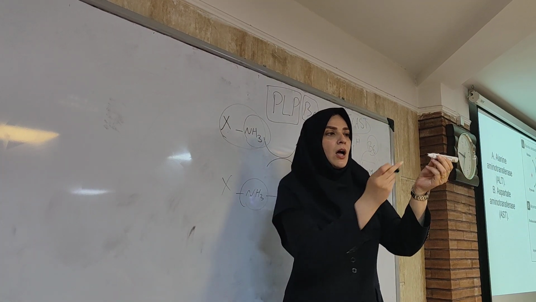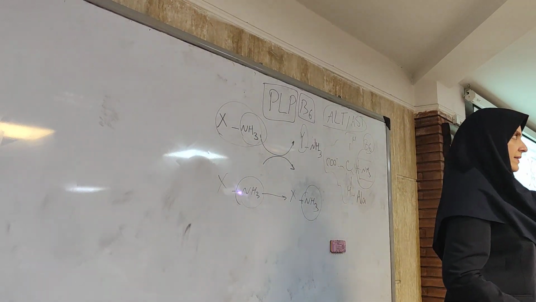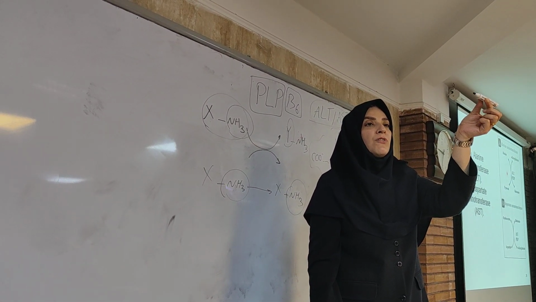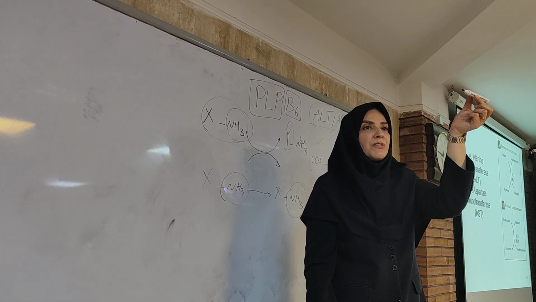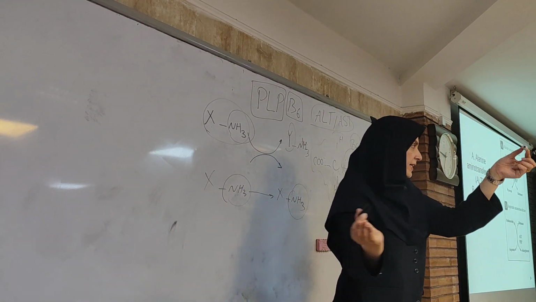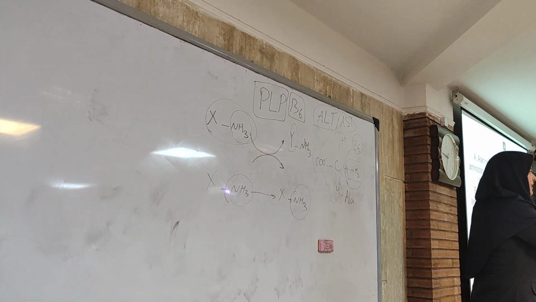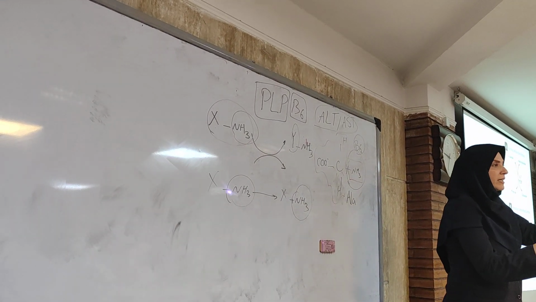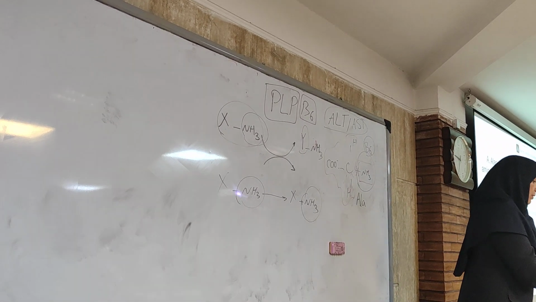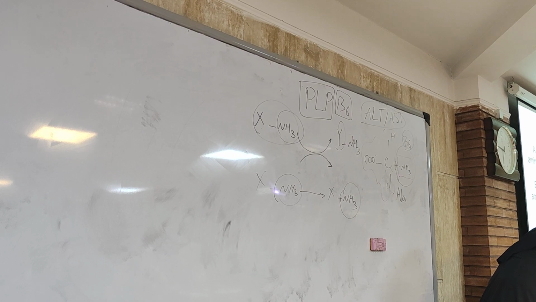For example, alanine is an amino acid. After removing the amine, it converts to the specific alpha keto acid. What is the name of this alpha keto acid? Pyruvate. Exactly. So each amino acid, after releasing its amine, converts to the specific alpha keto acid with a specific name. For example, for alanine, this is pyruvate.